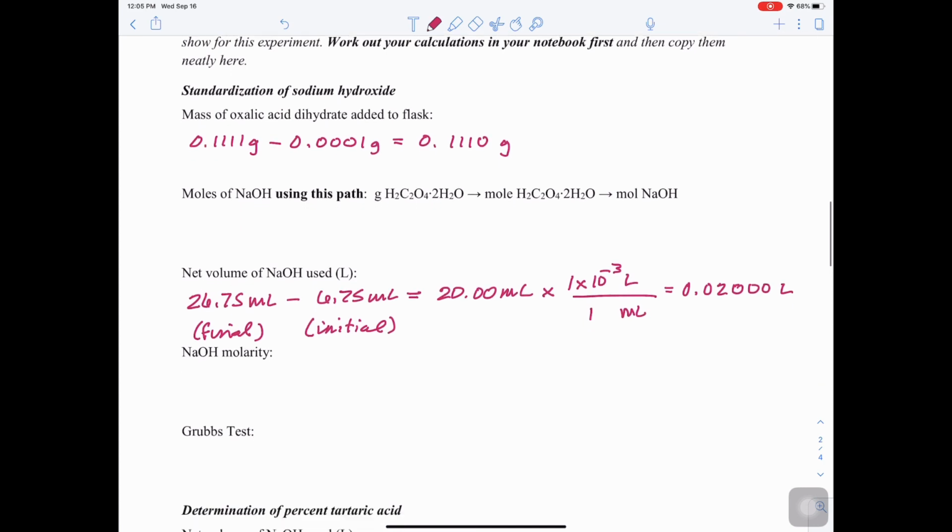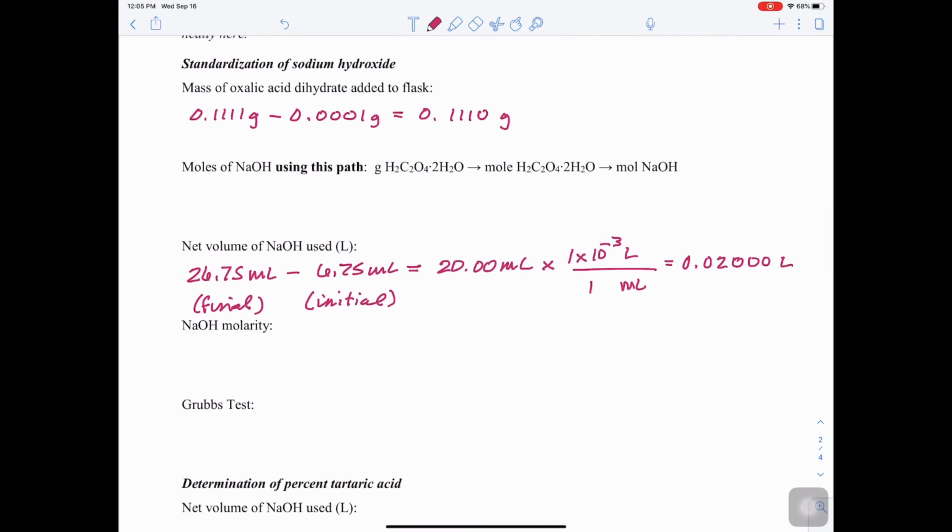The next calculation is the molarity. Here I'm going to take the moles of sodium hydroxide and divide by the liters of sodium hydroxide solution. So the answer to this part is the moles of sodium hydroxide.